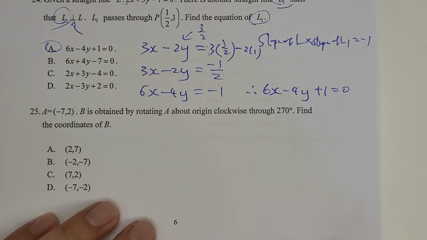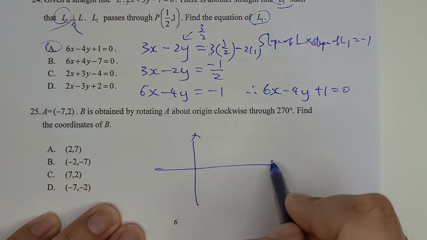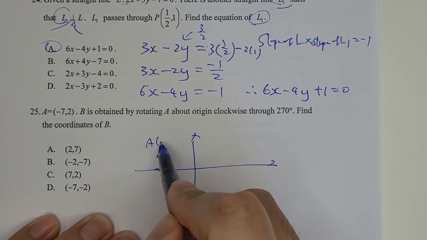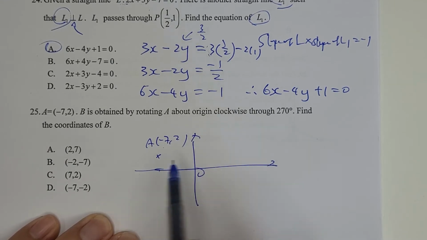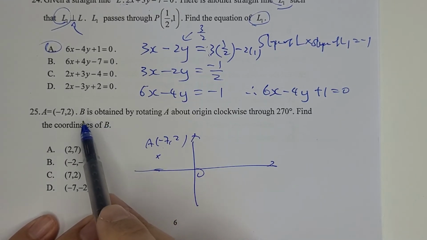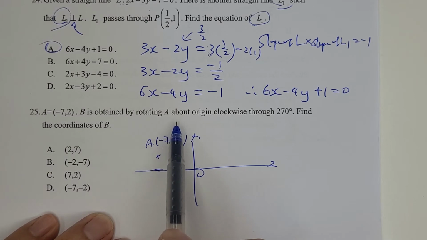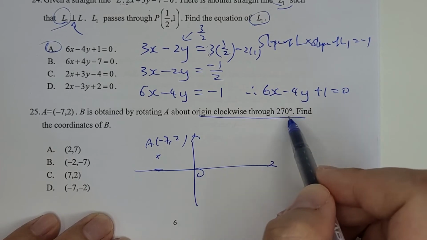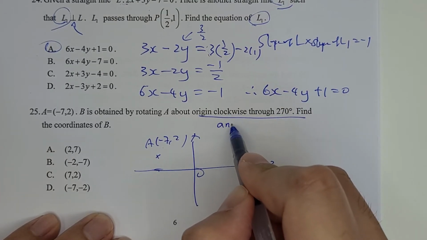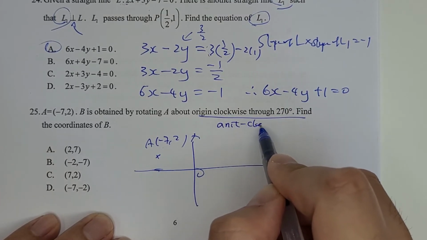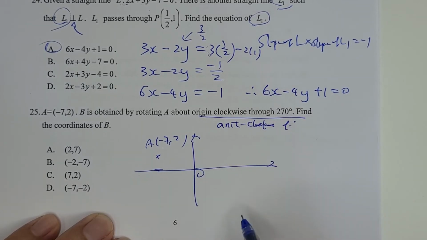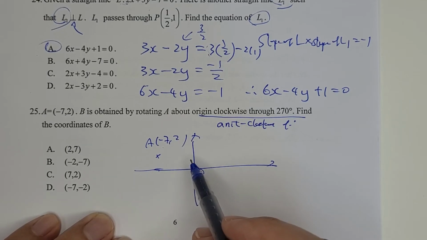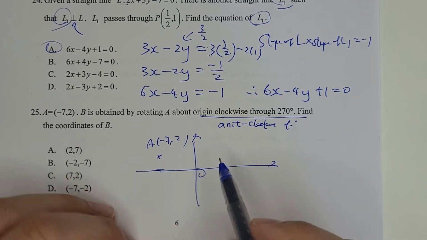For question number 25, there's a point A, negative 7, 2. B is the image obtained by rotating point A about the origin clockwise through 270 degrees. This is bigger than 90, so you can consider it as changing in the anti-clockwise direction by 90 degrees. Because clockwise 270 degrees is just the same as anti-clockwise 90 degrees.